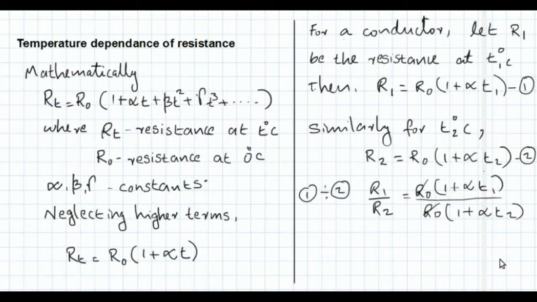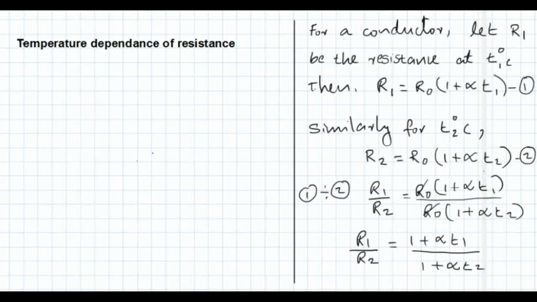Here both R0's will be cancelled. Therefore R1 by R2 is equal to 1 plus alpha T1 divided by 1 plus alpha T2. Now we may cross multiply this equation to get a solution.